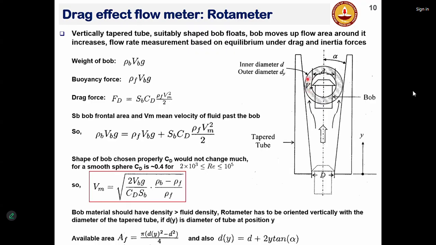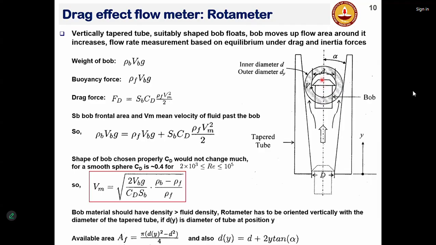So only in this annular region is the flow going to go. So the flow cross-sectional area will be pi by 4 times (Dy square minus d square), which is indicated by this ring. This ring is basically representing the annular region through which flow happens.